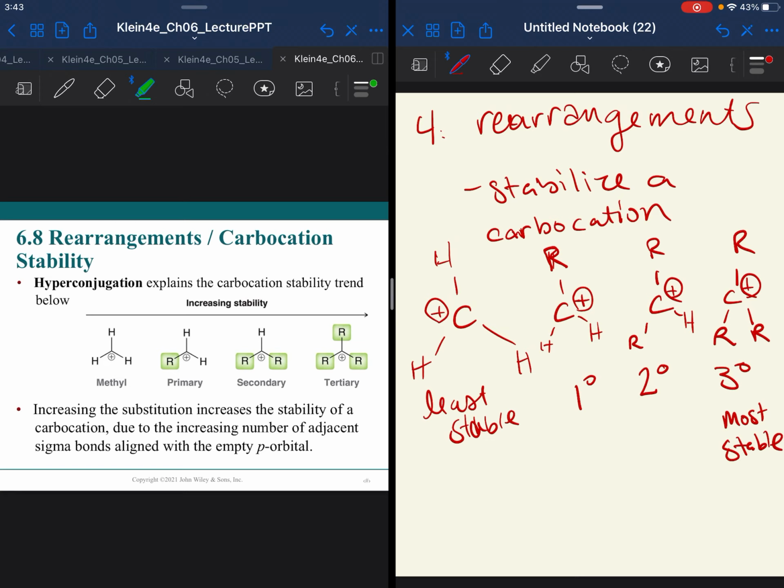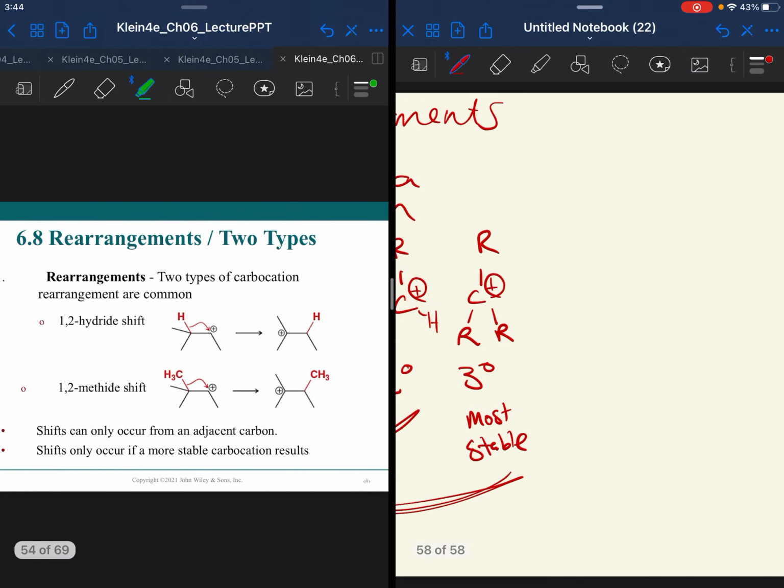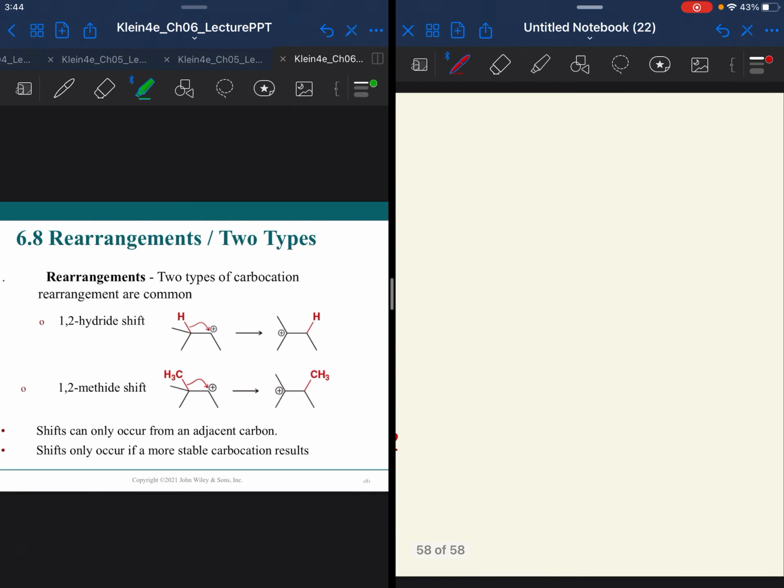So 3 R groups is going to be the most stable out of these. When you have a carbocation, if it is one of the less stable carbocations, it may rearrange to make a more stable carbocation if it can. So let's look at when that is possible.